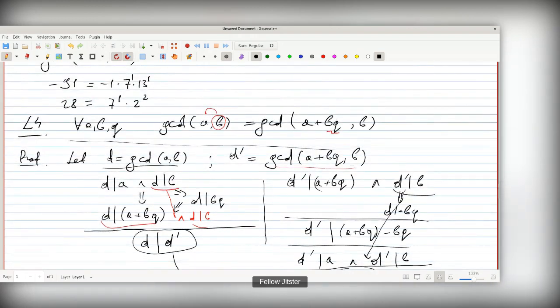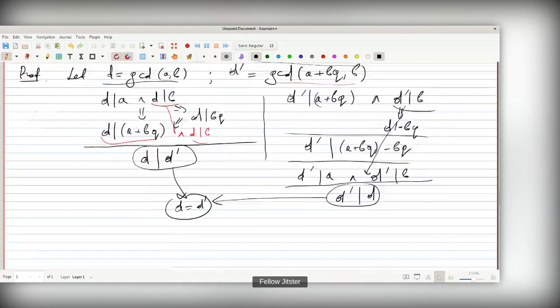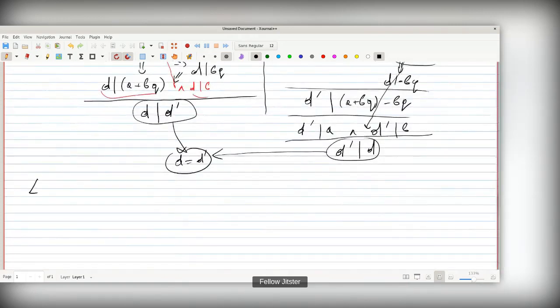Okay. When computing the greatest common divisor, you can freely move a few copies of the first argument to the second one and vice versa. As a corollary, that means a very important fact.